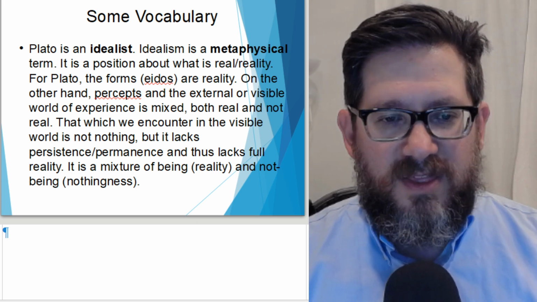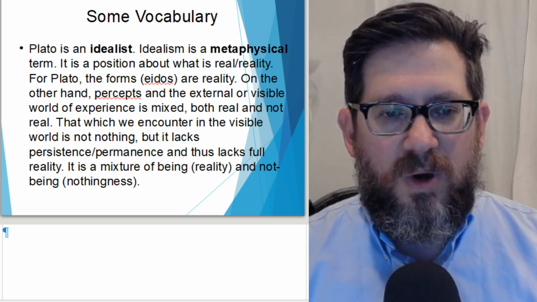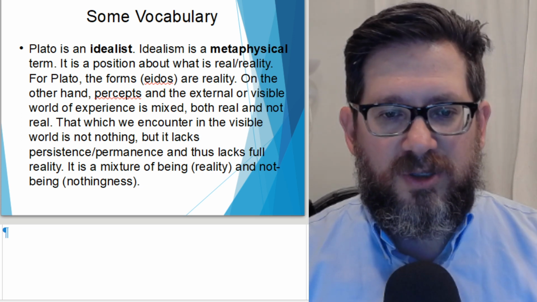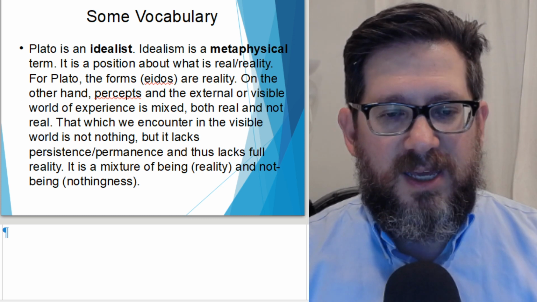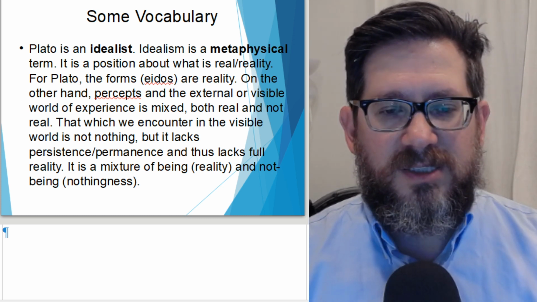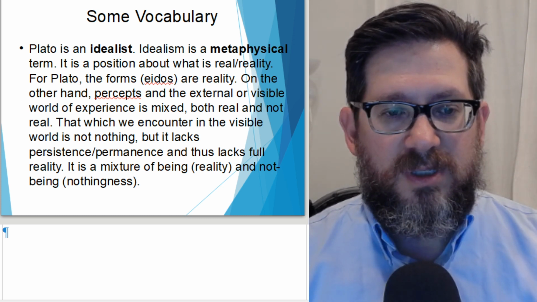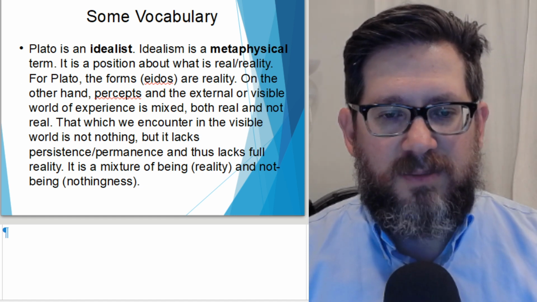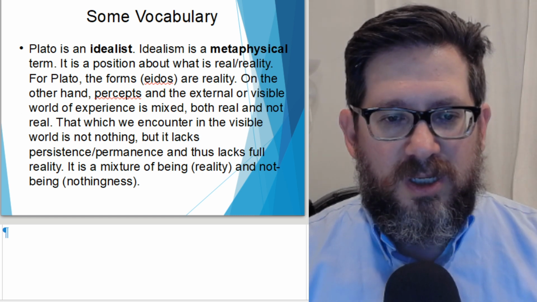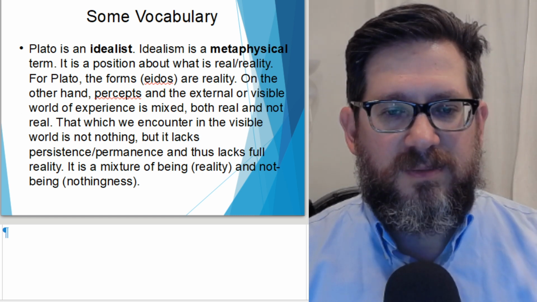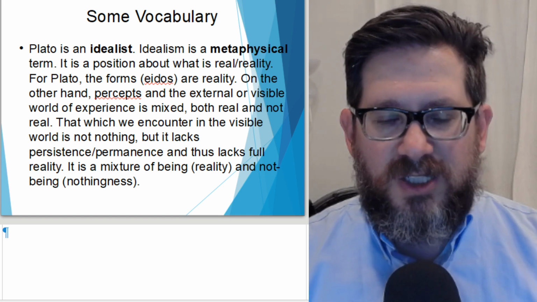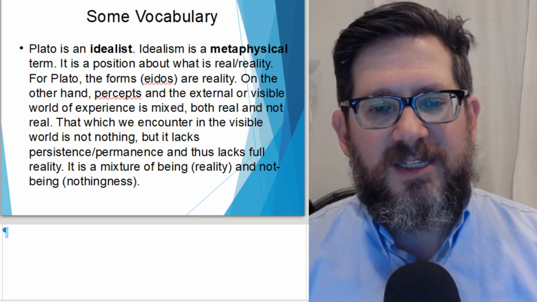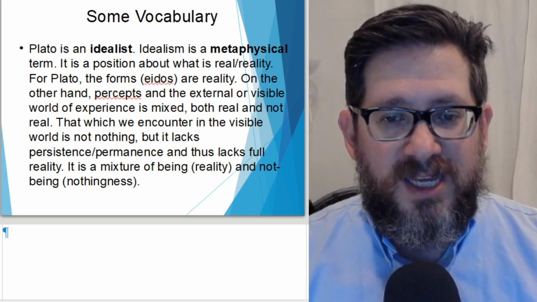And that means what we encounter in the visible world, which William James called the percepts, which is not internal, not inside our minds, it's external. That world of experience in Platonism, Plato will say, is both a mixture of real and not real. It's not completely real. He doesn't want to say it's nothing, because if something is nothing, then anytime you start to talk about it, you turn it into something.